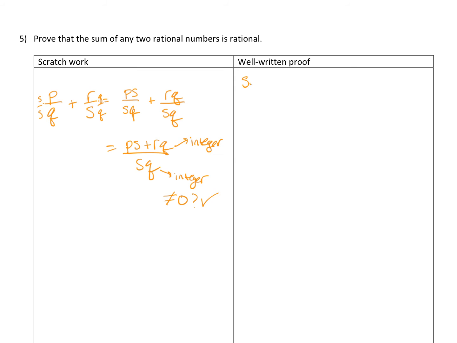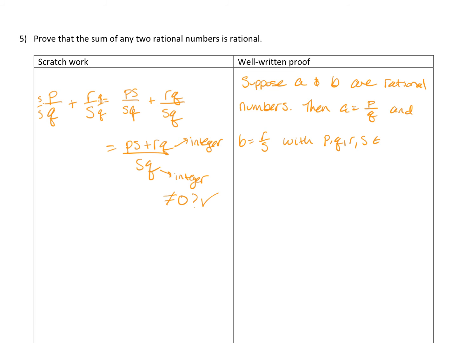So I'm going to start with suppose A and B are rational numbers. Then A equals P over Q and B equals R over S with P, Q, R, and S, all elements of the integers, and Q and S are both not zero.